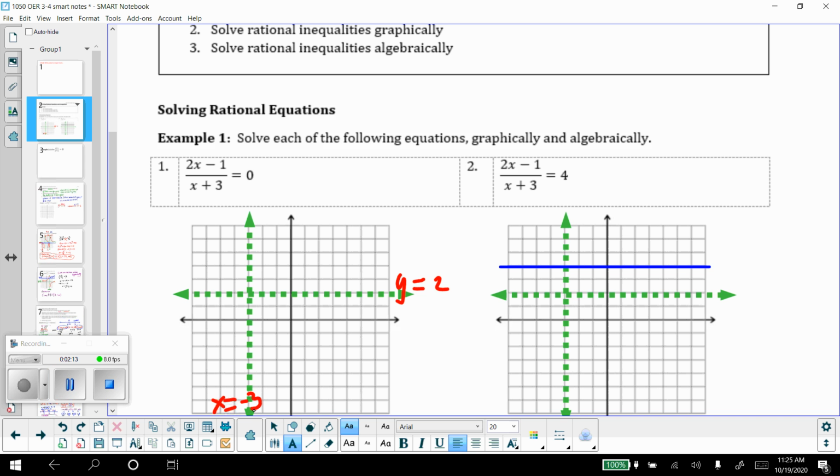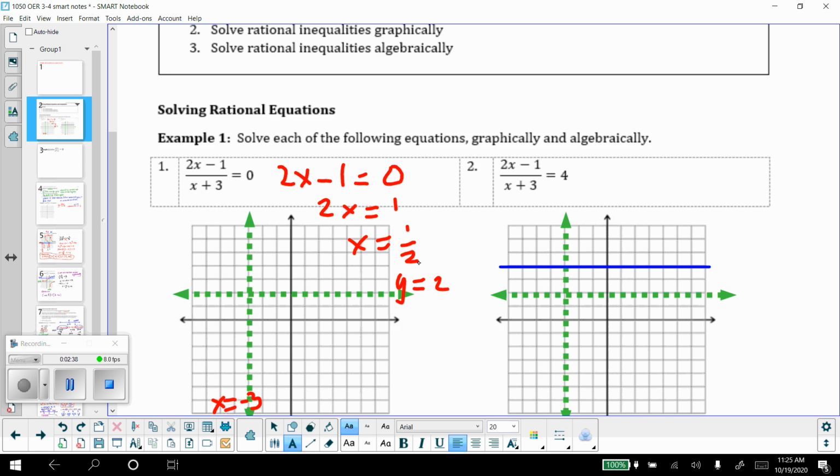And then for our graph, we can throw some points in there to figure out where it would be located. Let's take our numerator, which would give us our x-intercept. So 2x - 1 = 0, so 2x = 1, and x = 1/2.